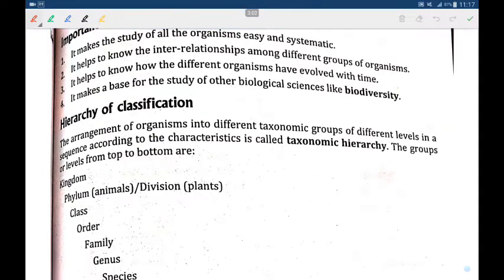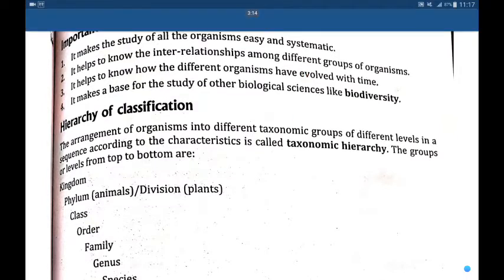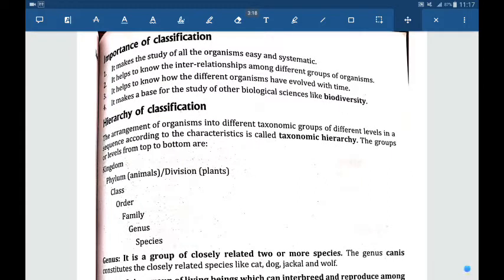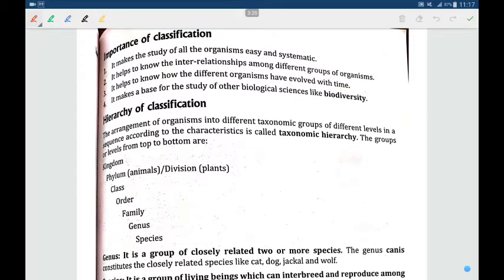Dear students, what is classification? Classification is the process of keeping organisms in different classes. How are they kept? According to their similar characteristics.